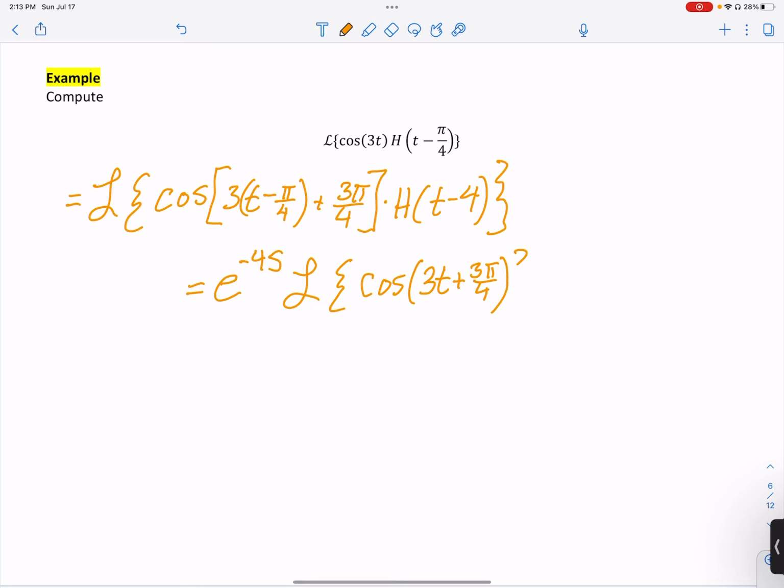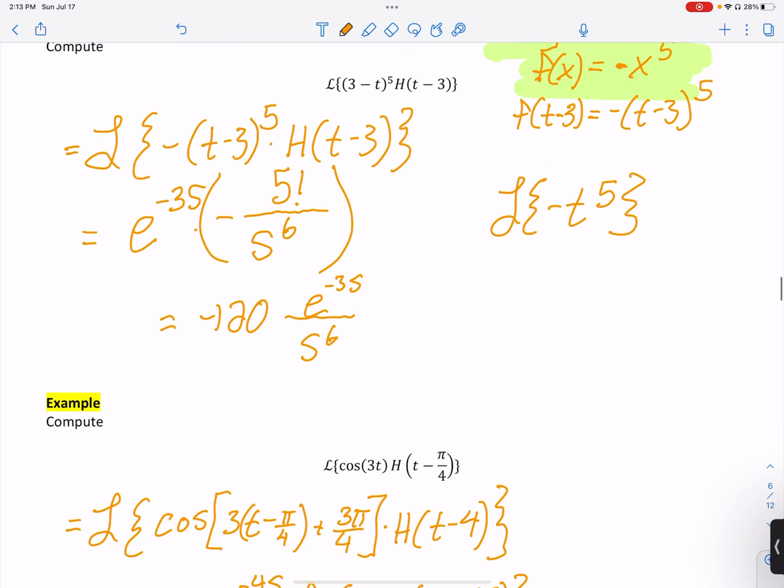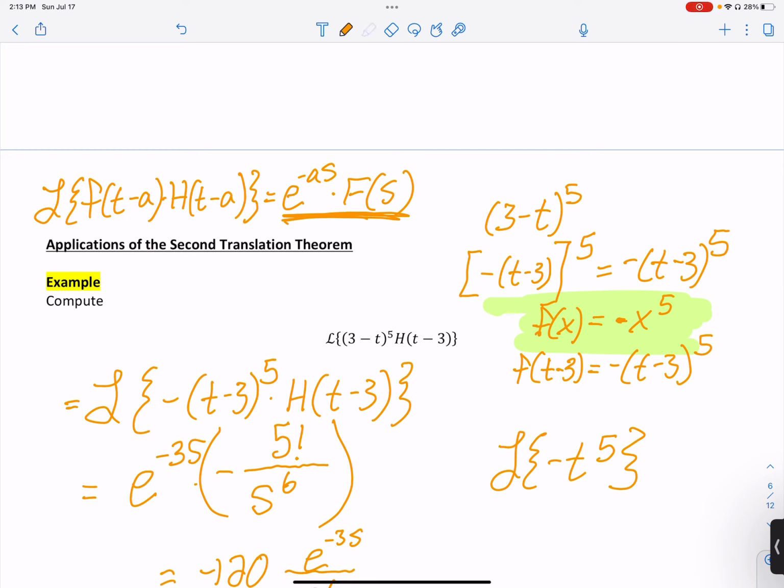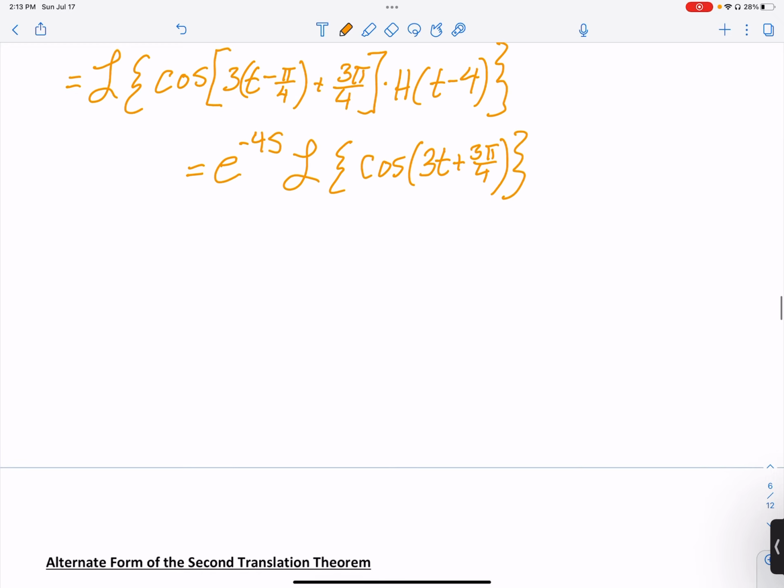Remember the rule itself, I'm going to scroll to the top here. The rule itself says, hey, take this function that has that in there and then add that in, right? And also take the Laplace of that function without the t minus a. So that's what we did there, is we took out this t minus pi over 4, and that's what that left us with. Now, this is going to use some trig.